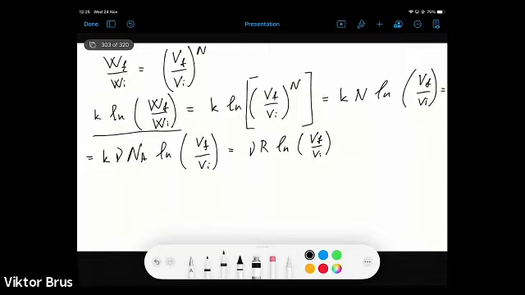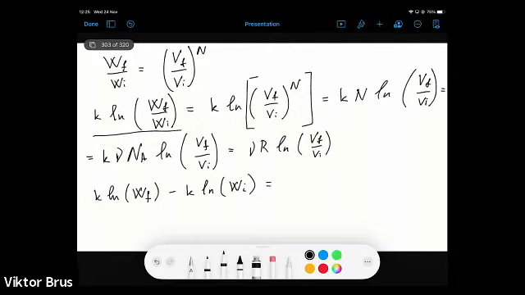It will be k times natural logarithm of W final, statistical weight of the final macrostate, minus k natural logarithm of W initial.